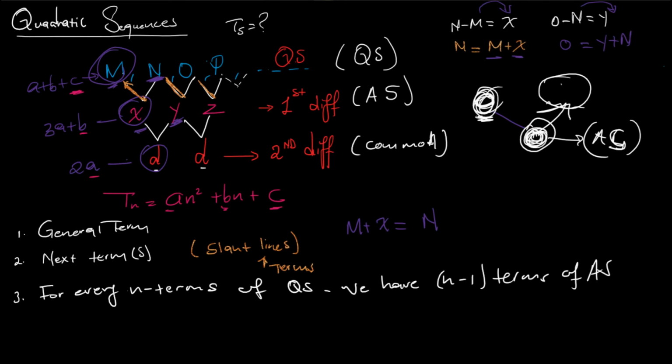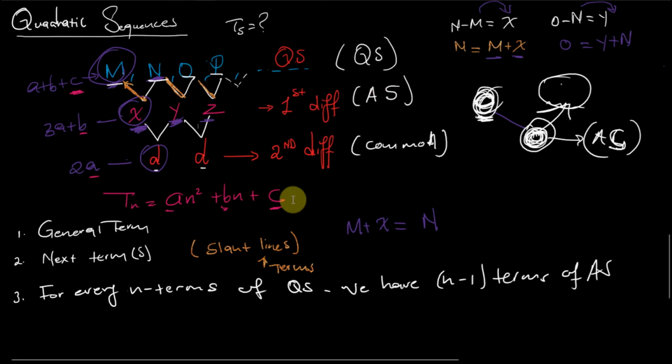As you can see here, we have 1, 2, 3, 4 terms, but for an arithmetic sequence we have 1, 2, 3. So we will always have 3 terms of an arithmetic sequence for 4 terms of a quadratic sequence.